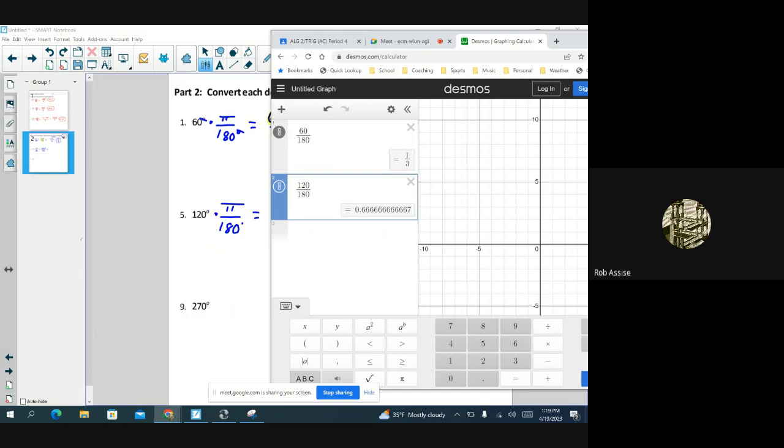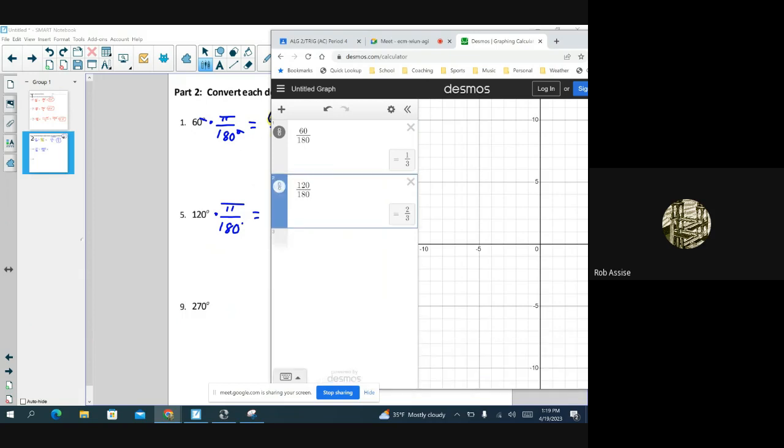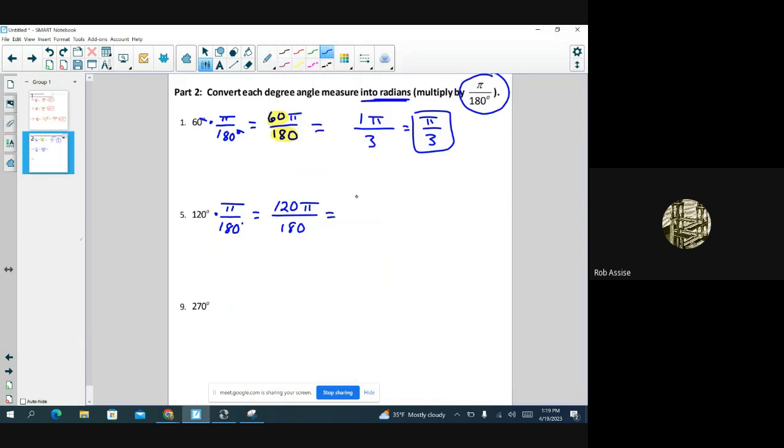It's going to give me 0.6 repeating, which in a fraction is 2/3. So this will be 2 pi over 3. You could also rewrite that as 2/3 pi. So these are equivalent. This is probably the format you'll see the most, but you do need to understand that the 2/3 pi is equivalent.